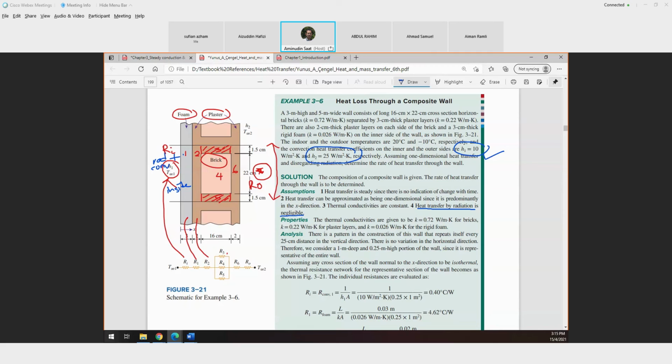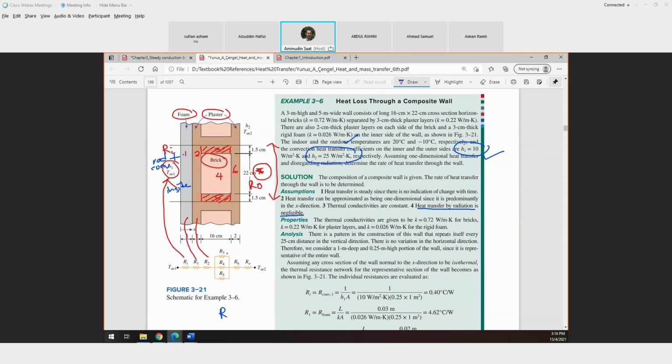But for the true analysis, you need to consider radiation if the convection coefficient is less than 25. In this case, probably the negligible assumption is correct, because it is nearly 25 and above.